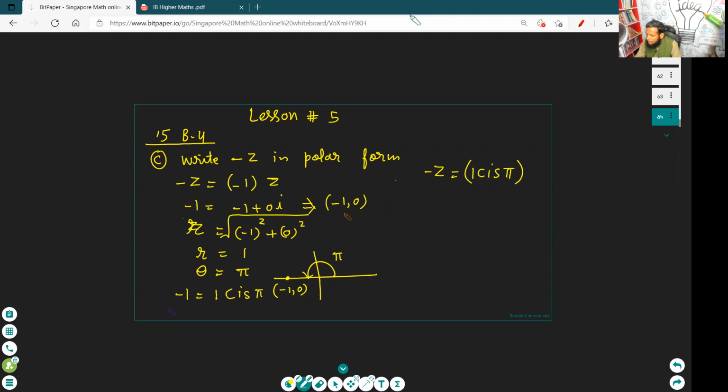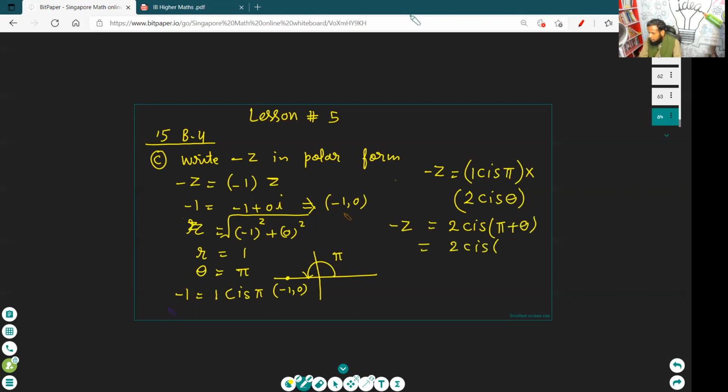And our question z was 2 cis theta. After multiplication we get 2 cis, because when we multiply cis phi and cis theta, we add the angles, pi plus theta.